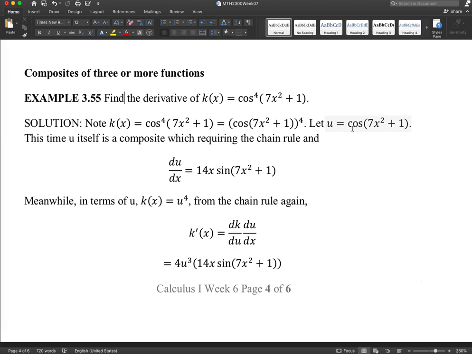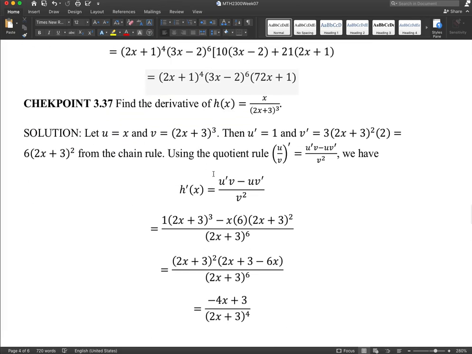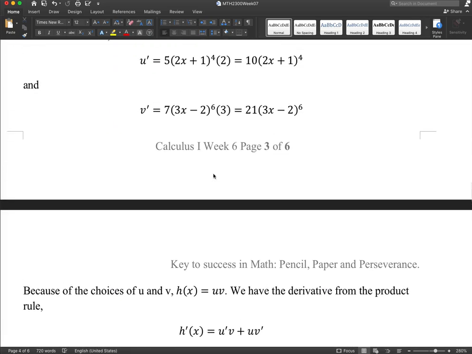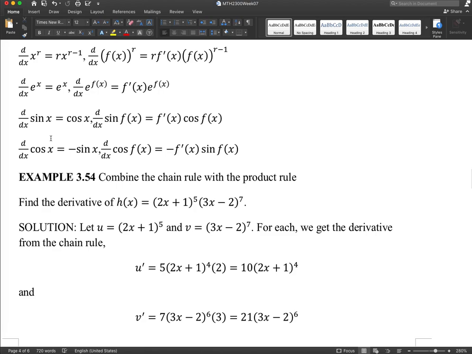Then to calculate the derivative of u, it requires the chain rule, right? So du/dx really is from the chain rule. Or if you want, you can use the generalized rule for the derivative of cosine.